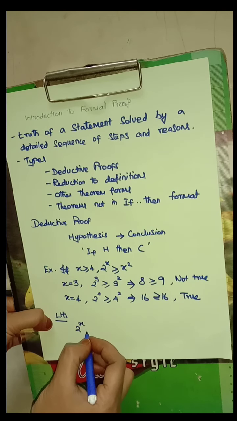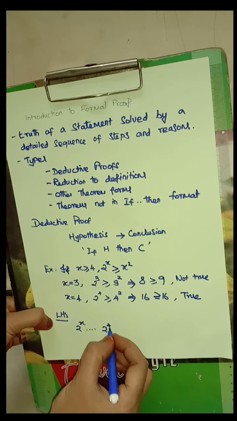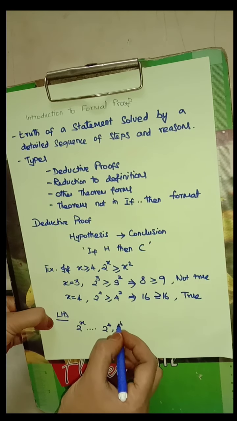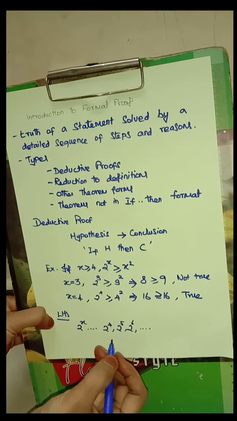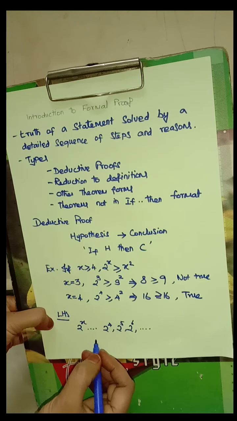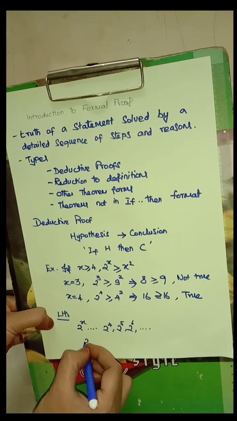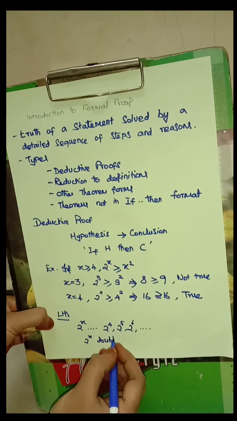So 2 power x varies in the ranges like 2 power 4, 2 power 5, 2 power 6, etc. So actually the value of 2 power x doubles each time x increases by 1.